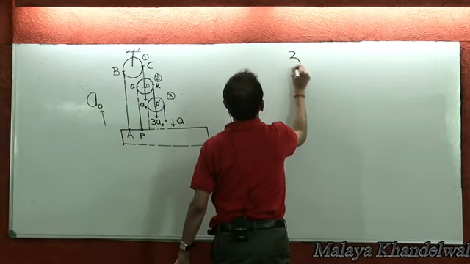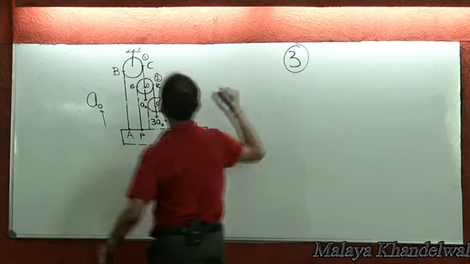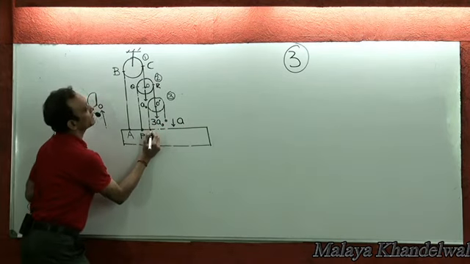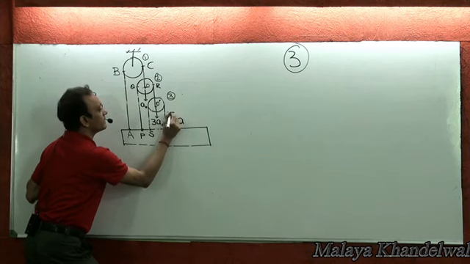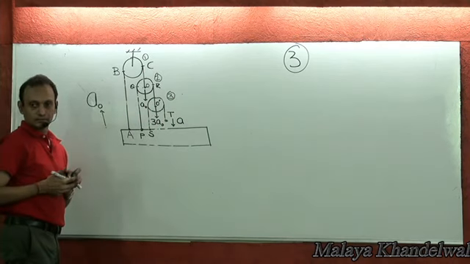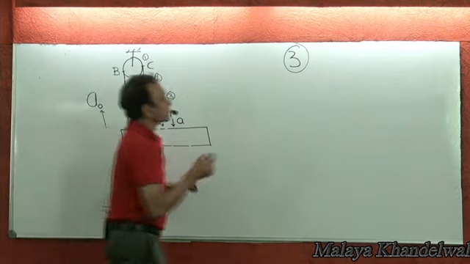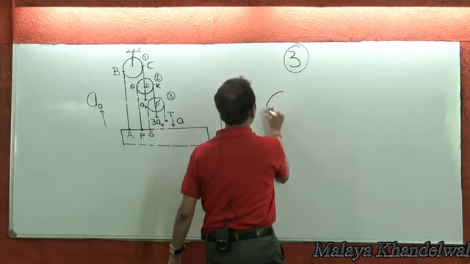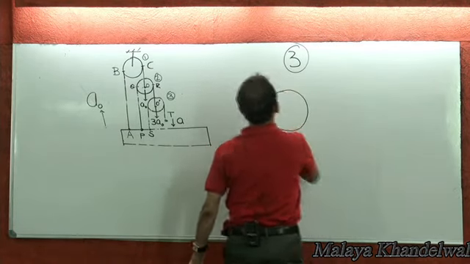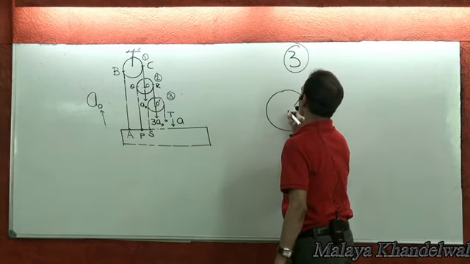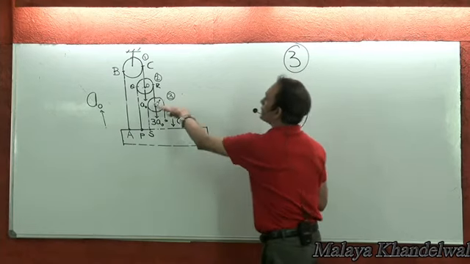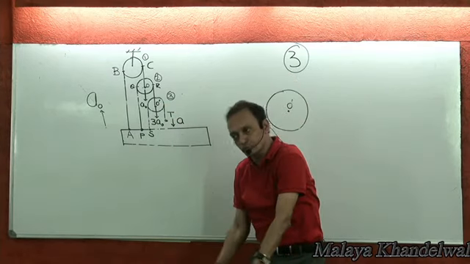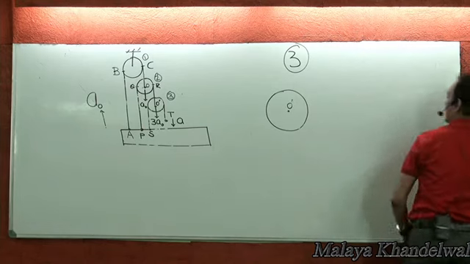Say this end is S and this end is T. This is O prime, the center of this pulley. This pulley, along with O prime and all other points, is moving down with an acceleration 3a naught.